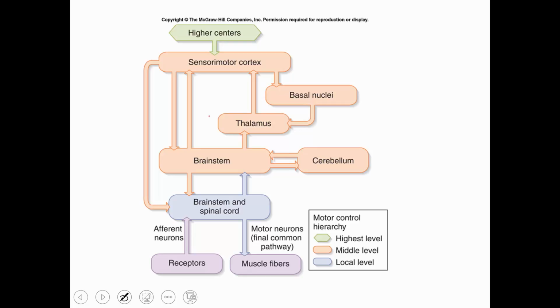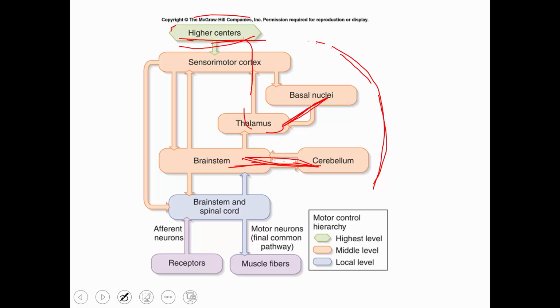So here's a diagram from your textbook. So we have these higher centers. The cortex and the premotor cortex is going to send a command, and the middle centers have to figure out how to execute those commands. So notice there's a lot of interaction between the basal nuclei and the thalamus, and then the thalamus goes up to the cortex, a lot of interaction between the cerebellum and the brainstem.